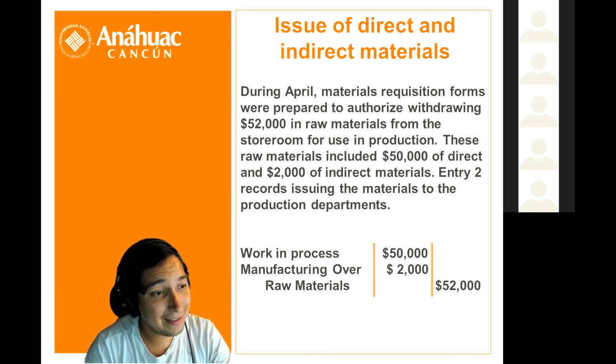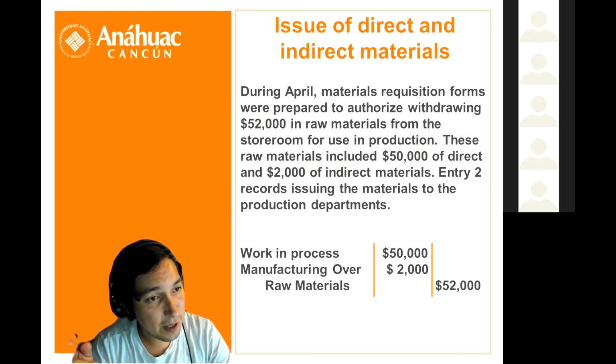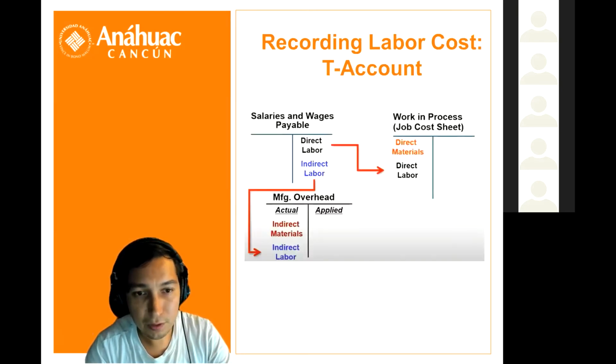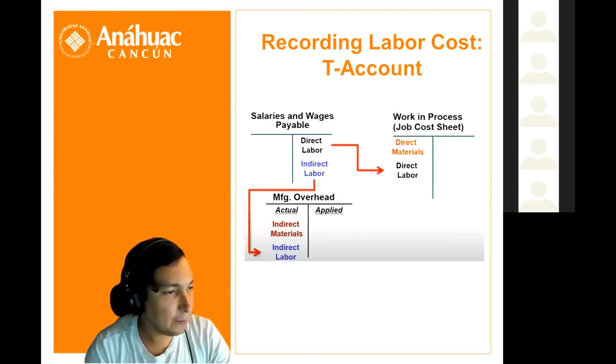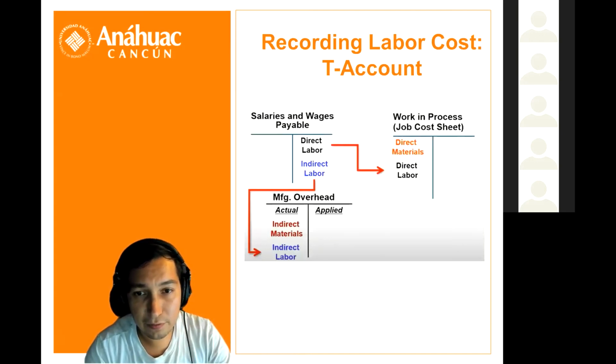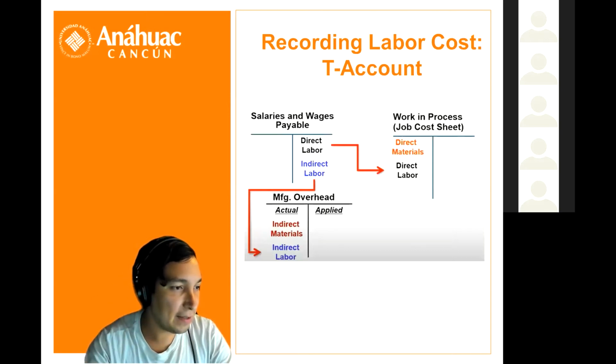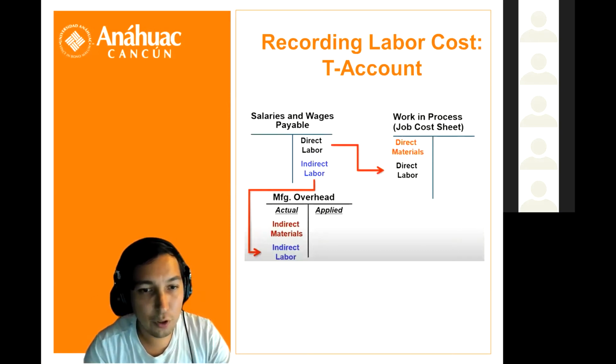But the problem is that we have indirect materials in there. The problem says that the raw materials included 50,000, which is work in process, and the indirect materials go in MOH. That's the only specification that we need to follow. So that will give you the 52,000 as the credit side of the raw materials.